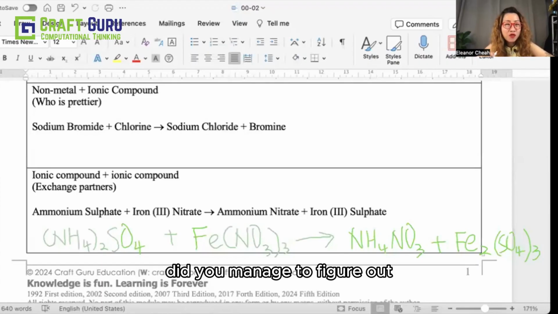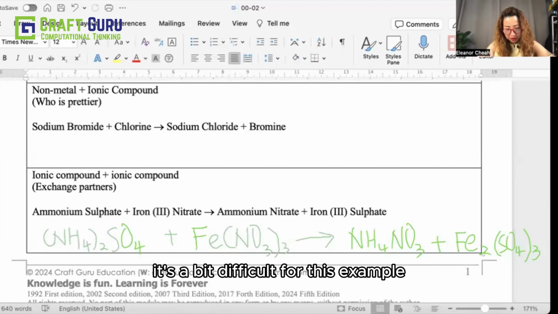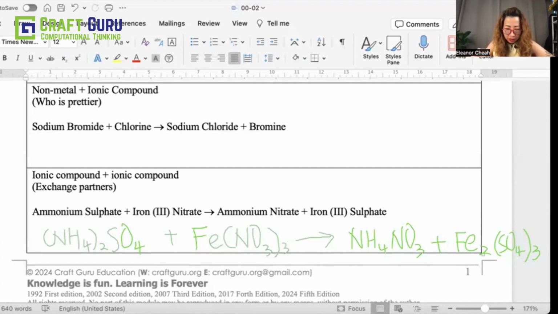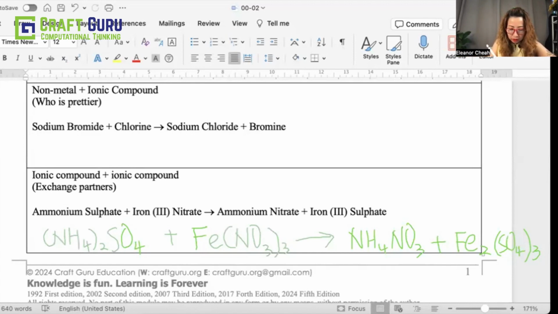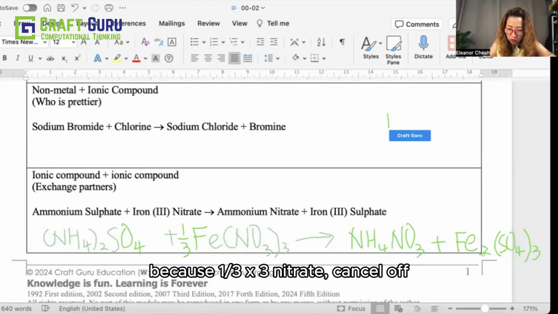Did you manage to figure out how to balance this equation? It's a bit difficult for this example. Let's think of making nitrate become 1. I will put 1 over 3 here because 1 over 3 times 3 nitrate cancel off.